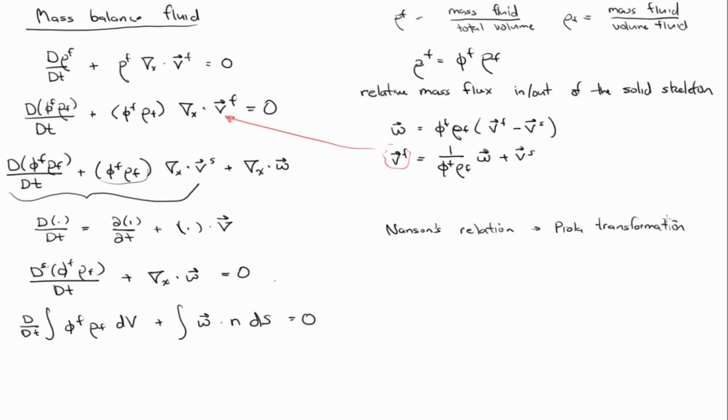And this is how we take tensor and vector quantities from the deformed to the reference configuration. And Nansen's relation specifically deals with unit vectors. So unit vectors in the current or deformed configuration and how they transform into unit vectors in the reference configuration, okay? So via Nansen's relation, we can define a new vector W in the reference configuration, right?